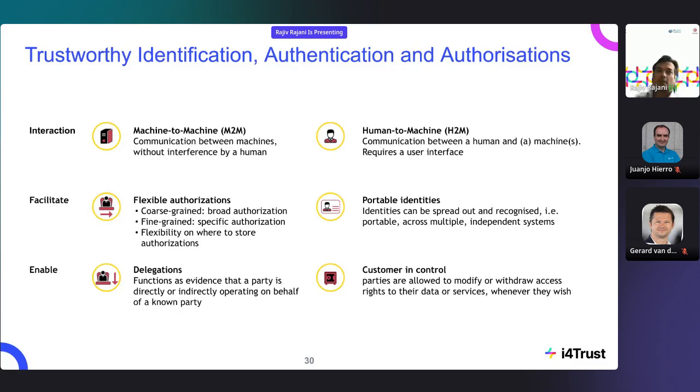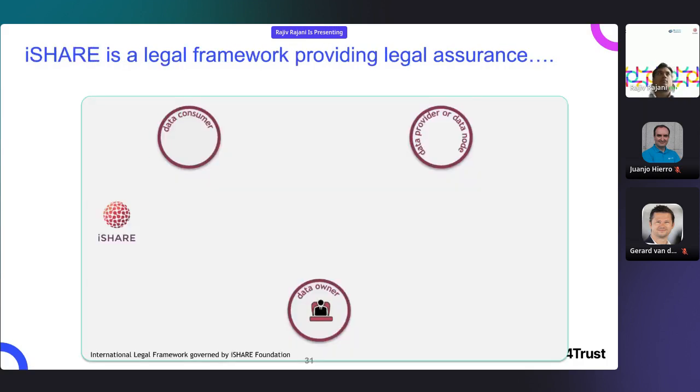So that gives you the ability to delegate rights, and that allows the actual user of the data to fetch that data directly from the source. And all this is made possible to give control to the owners or the customers, so that whoever is the owner of the data has the possibility to control what happens with their data exactly in the manner that they think it should be, right?